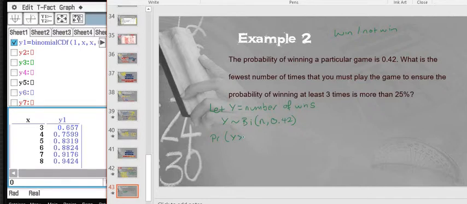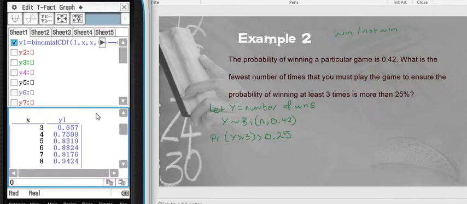Y is greater than or equal to 3 is more than 25%, which we can write as 0.25. So we go to our calculator here. Now notice if we had y equal to 3, I would use binomial PDF. Because it's y greater than or equal to 3, I'm using binomial CDF.